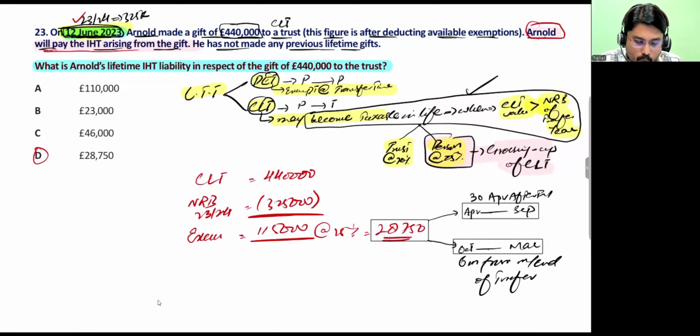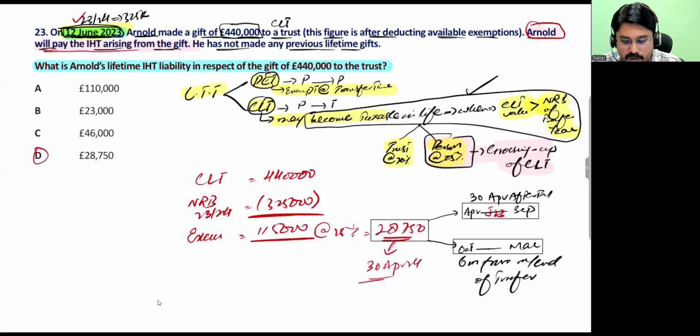So can you please check when this asset is transferred? This asset is transferred in June 23. June 23 is falling between April to September, so the tax will be paid on 30th April 24.